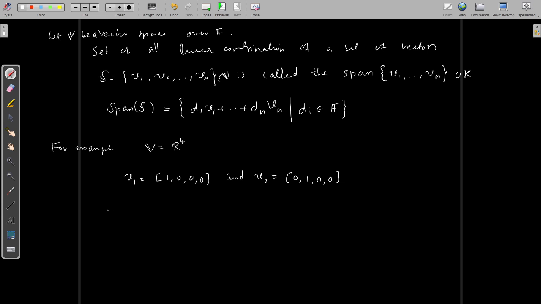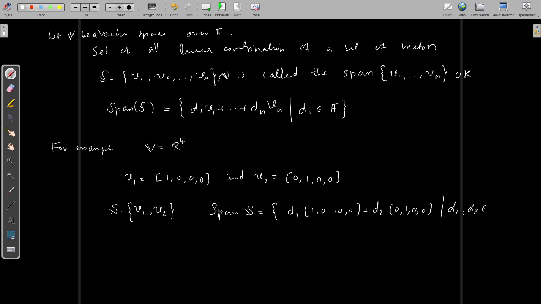Now we can define S equal to v1, v2, consisting of two vectors. What is the span of S? The span of S is the set of all d1 times 1, 0, 0, 0 plus d2 times 0, 1, 0, 0 such that d1, d2 belong to the corresponding field. Here the field is R, since R4 is a vector space over R.